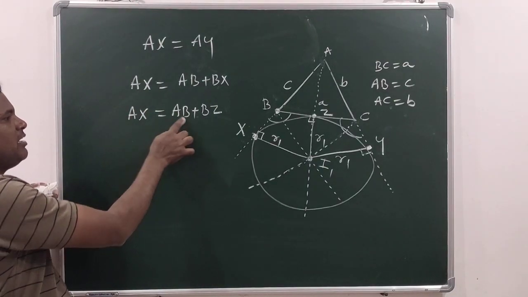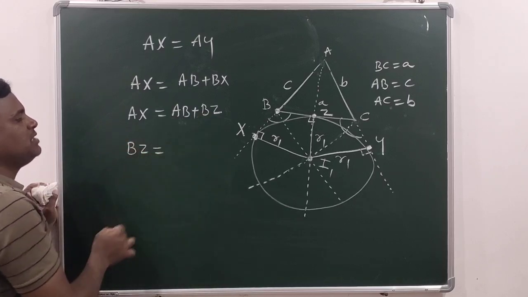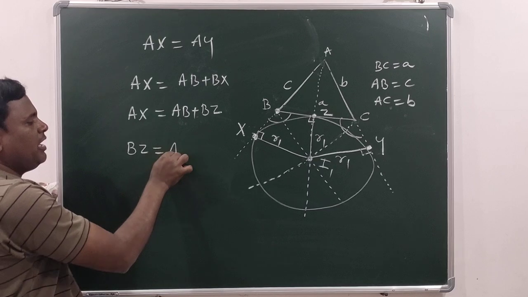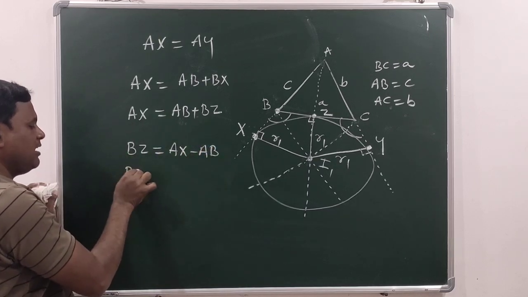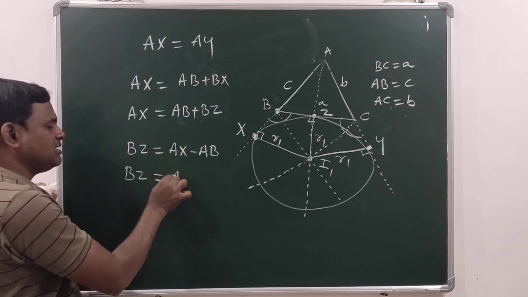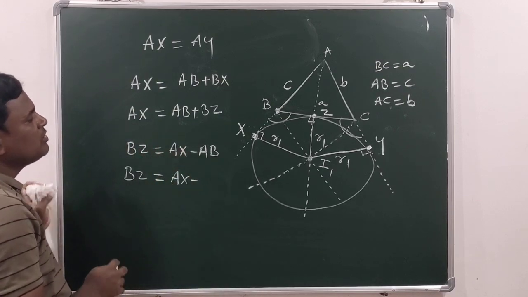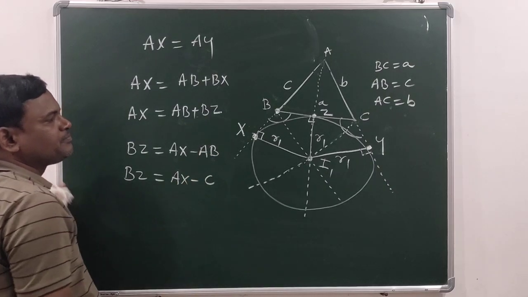Make BZ the subject: BZ equals AX minus AB, which is AX minus c.